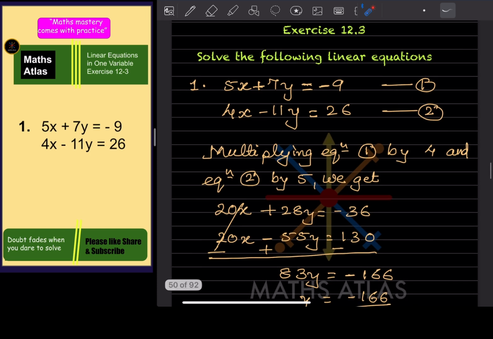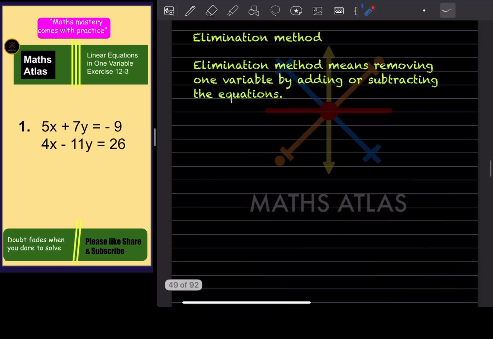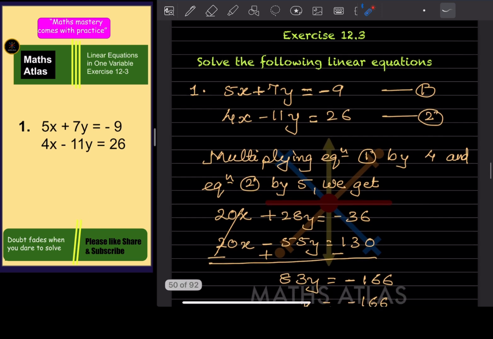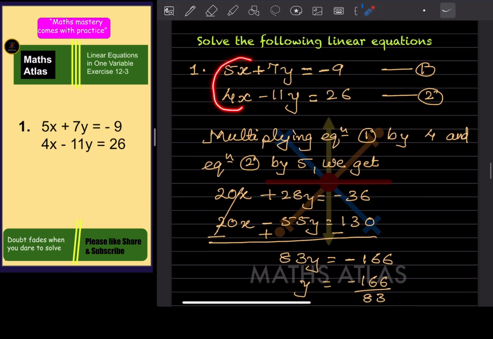Here we have to eliminate, which means you have to remove one variable by adding or subtracting. Now, the coefficient of x is 5 here and 4 here, and the coefficient of y is 7 here and minus 11 here.